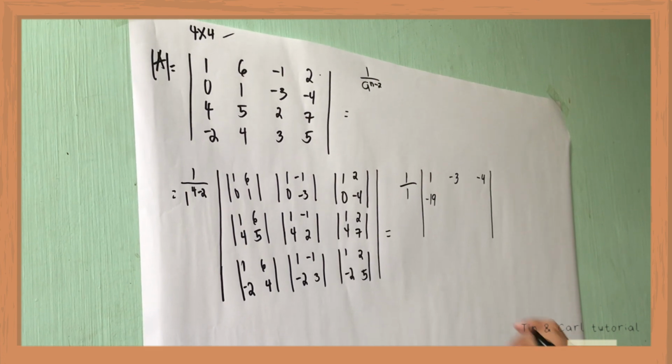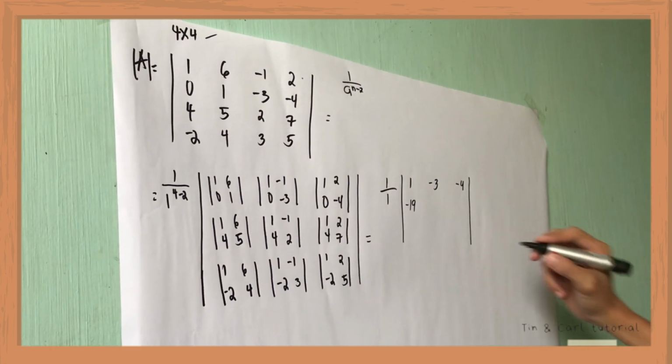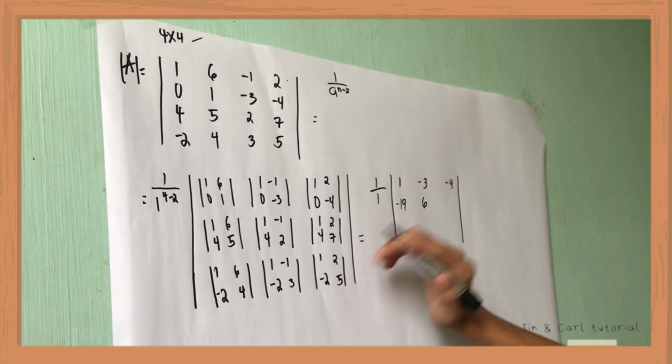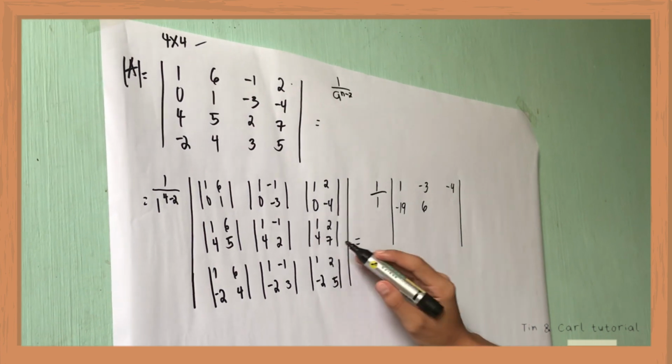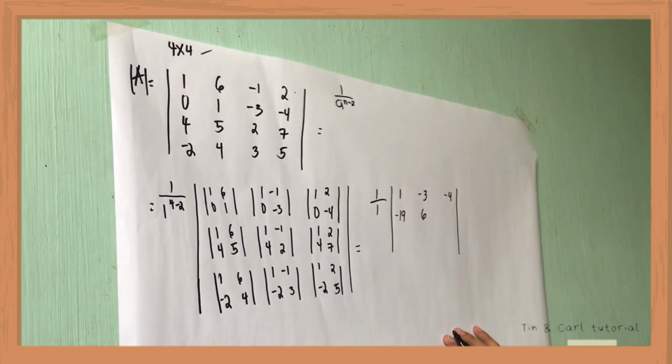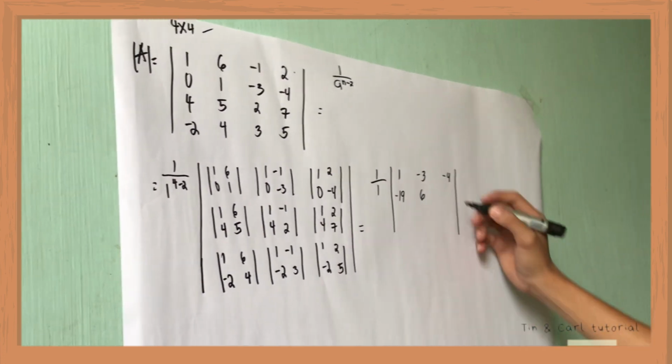So, magiging 2 plus 4 is 6. Kasi negative multiplied by negative is positive. 7 multiplied by 1 is 7. 4 multiplied by 2 is 8. 7 minus 8 is negative 1.